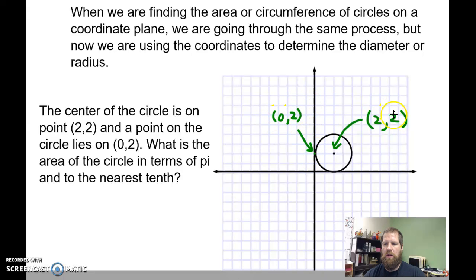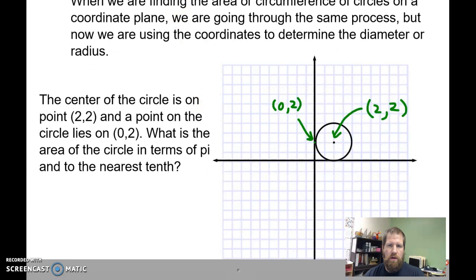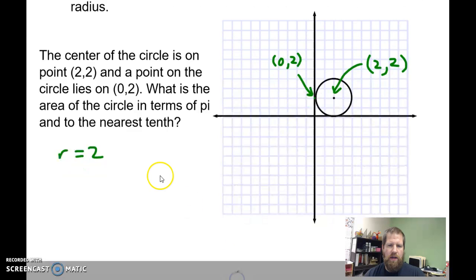So they're at the same y value, same level vertically. Okay. And there's a distance of 2 between them horizontally, which means that from my center to my edge is a radius of 2.